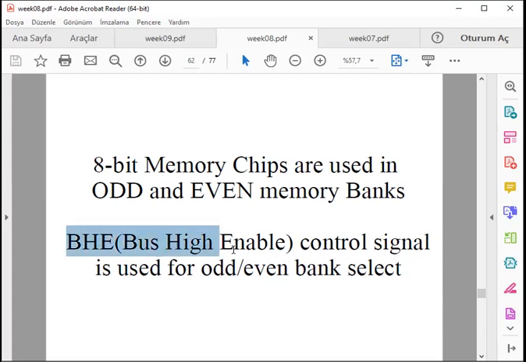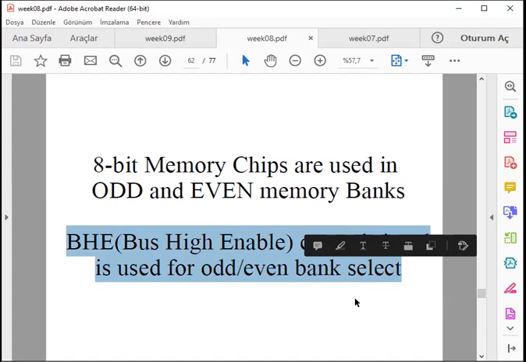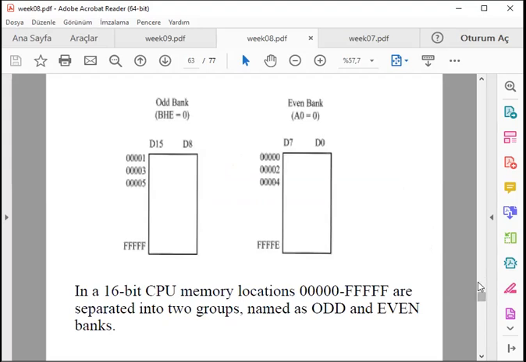And in order to activate this selection process, a new logic signal, BHE or bus high enable signal, is also used in the microprocessor as well. So actually it sends signals to the even or odd chips to select them.